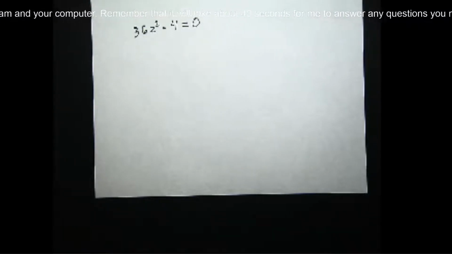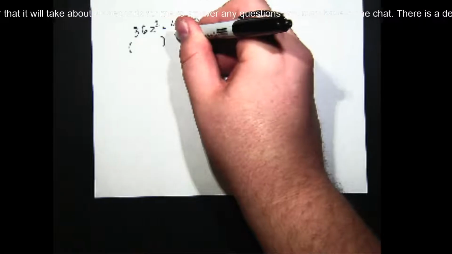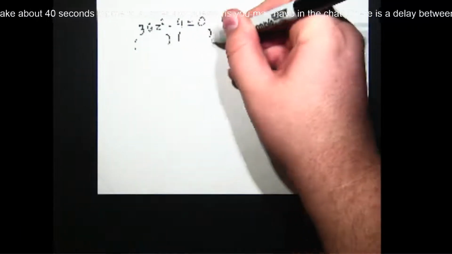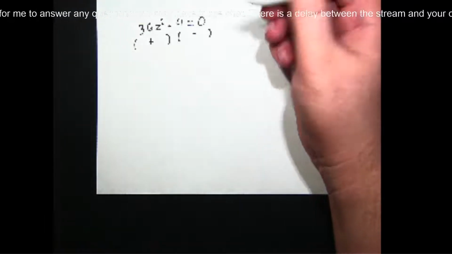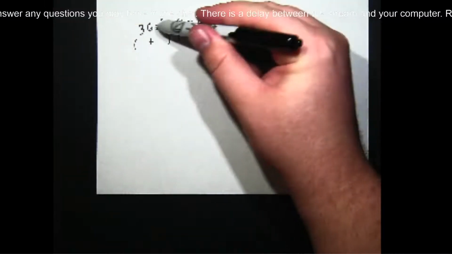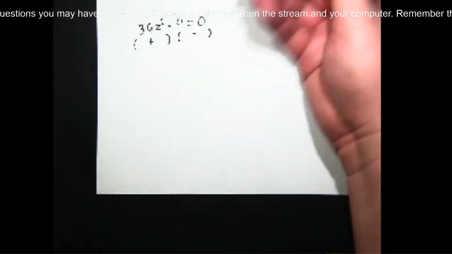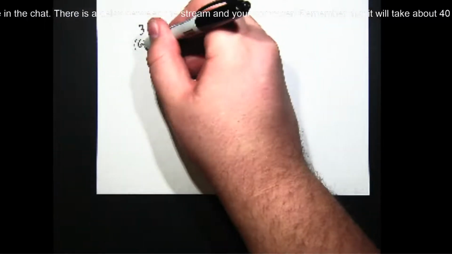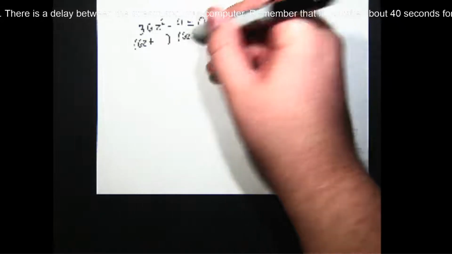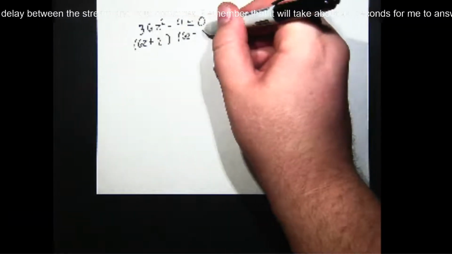So we know that this is a difference of squares, and that's going to factor as two factors. One being positive, one being negative, and then we just fill in the blanks with the square roots of these numbers. So the square root of 36z squared is going to be 6z. Square root of 4 is 2.